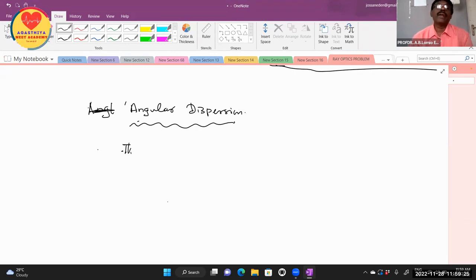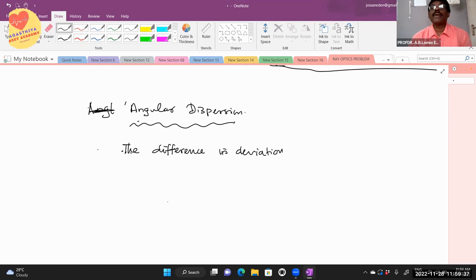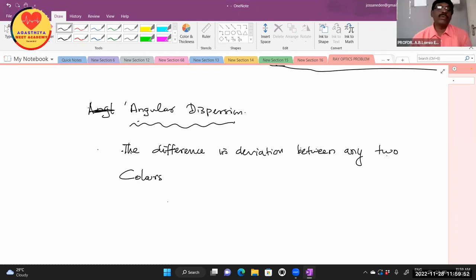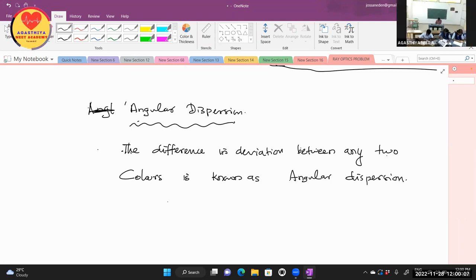Write down this, the difference in deviation, you need two colors. Angular dispersion.